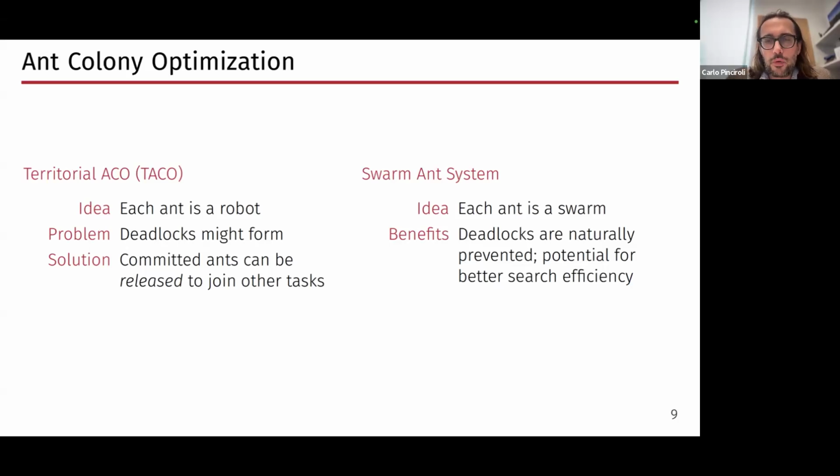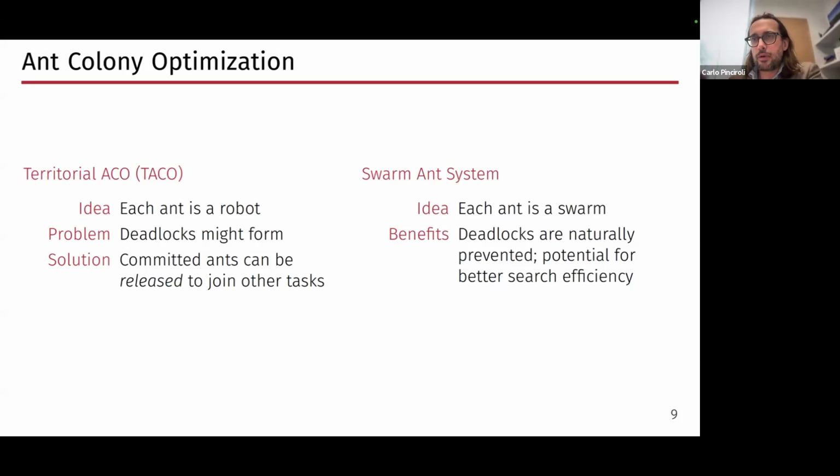The second idea we call the swarm ant system, or SAS, is that we consider an ant to actually be the full swarm of robots. So it's a little bit like moving a circus, right? In this place, we're going to need the elephants, and we're going to need the acrobats. So we deploy the elephants and the acrobats here, and the rest is going to stay inside the circus.